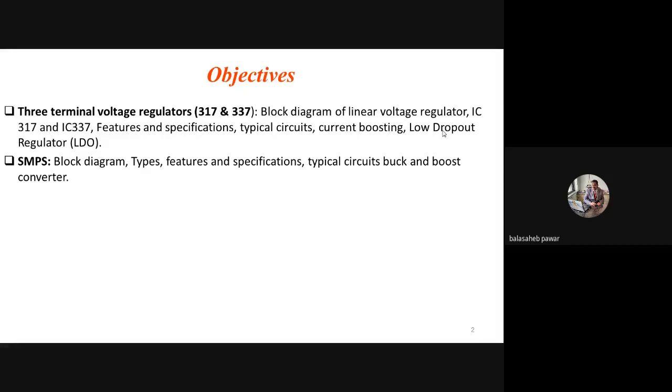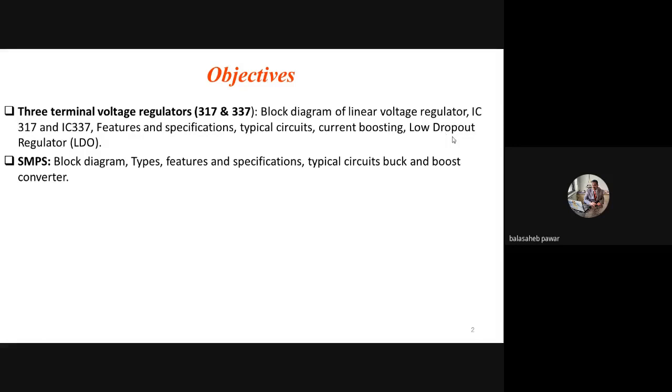So for unregulated DC power supplies, all these factors are very poor. Poor means the percentage load regulation does not remain as expected. How much is the expected value of percentage load regulation from any power supply? Either 0% or 100%? Last time I already highlighted all these things.